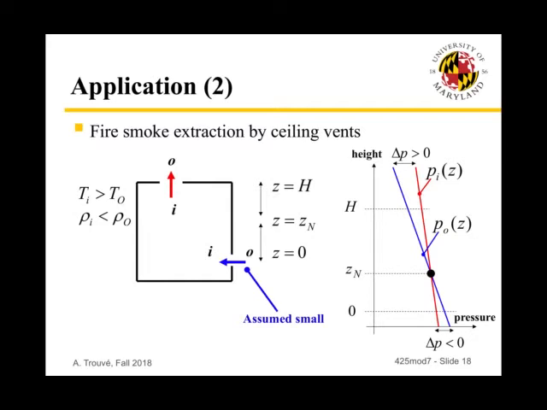But other than that, this configuration looks very much like the previous one. The lower vent corresponds to inflow of fresh air, and the upper vent corresponds to outflow of supposedly smoke in the case of a fire. Okay, and we would like to calculate how much mass goes through our ceiling vent.